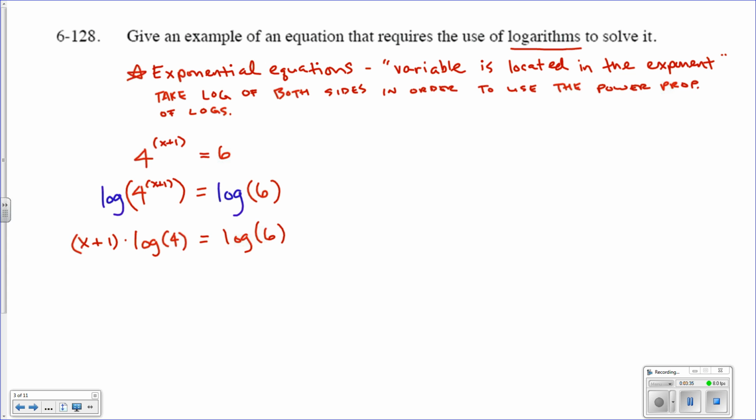Then we can divide each side by the log of 4, just to isolate our quantity over here. So x plus 1 equals the log of 6 divided by the log of 4.